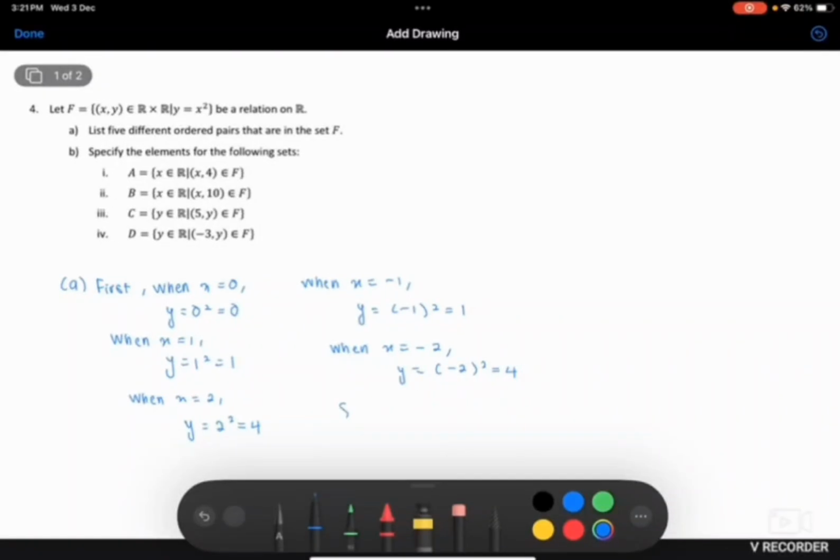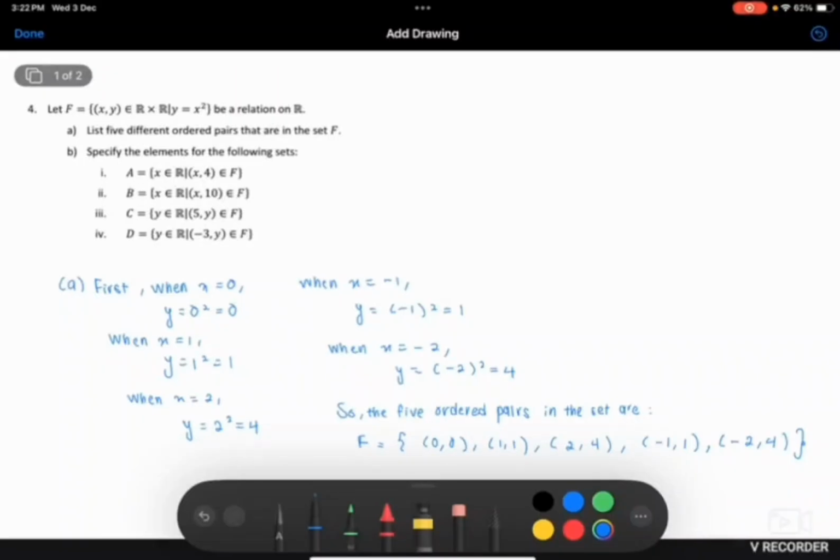So, the 5 ordered pairs in the set are 0, 0, 1, 1, 2, 4, negative 1, 1, negative 2, 4.